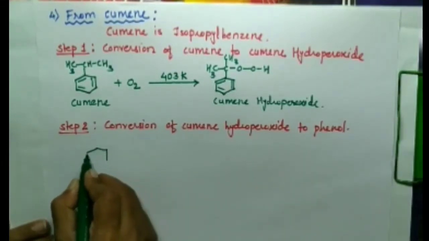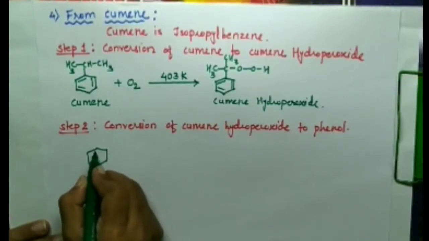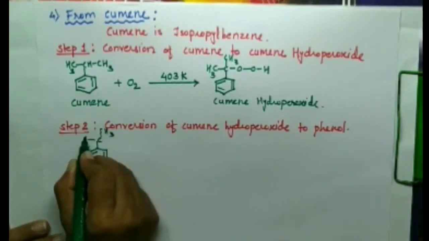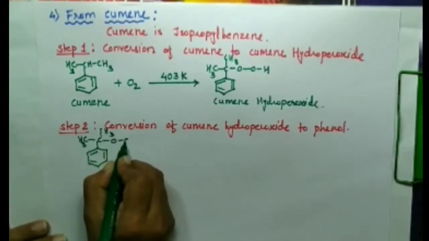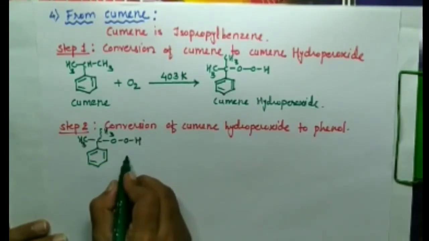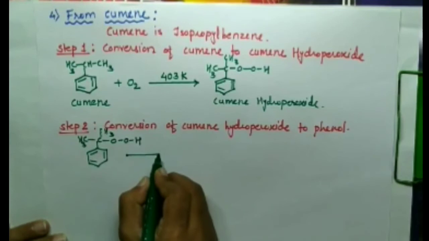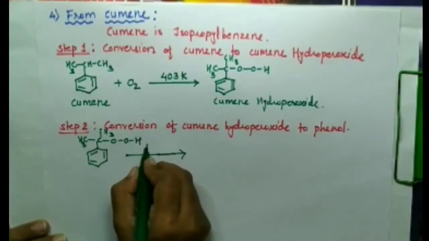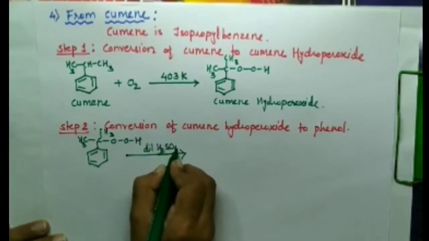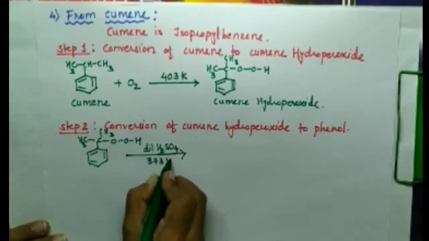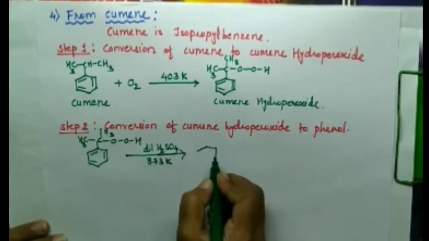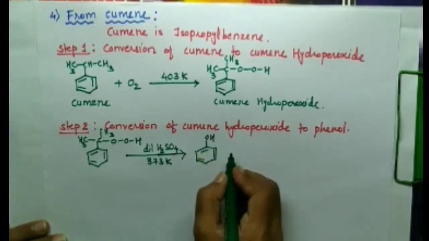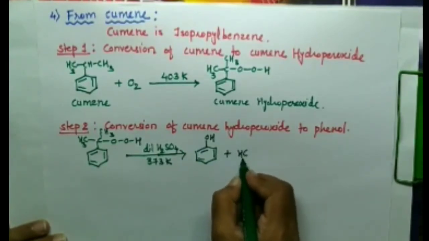So cumene hydroperoxide is formed in the first step, that is easily converted into phenol just by heating with dilute sulfuric acid at 373 Kelvin temperature. Here it will give us phenol plus acetone as a byproduct.